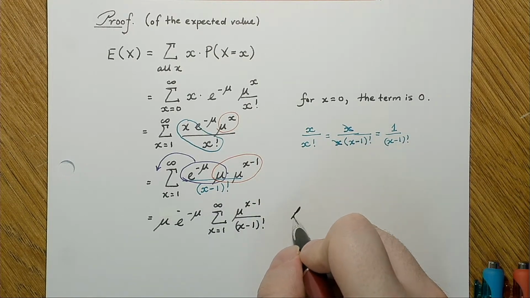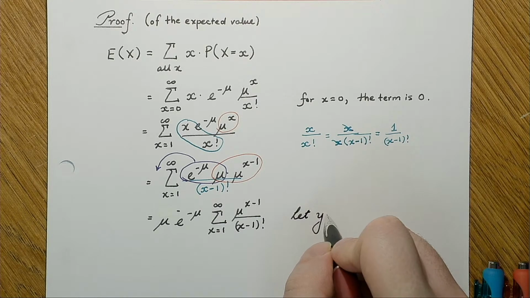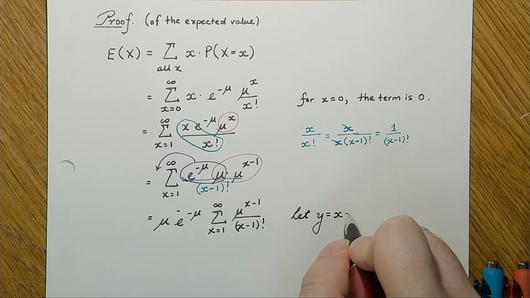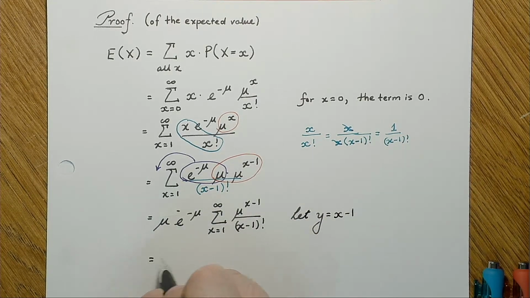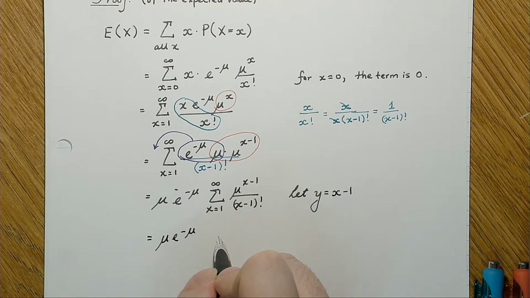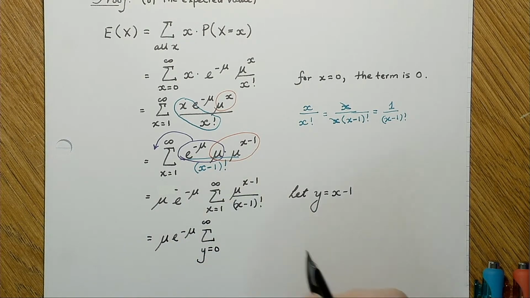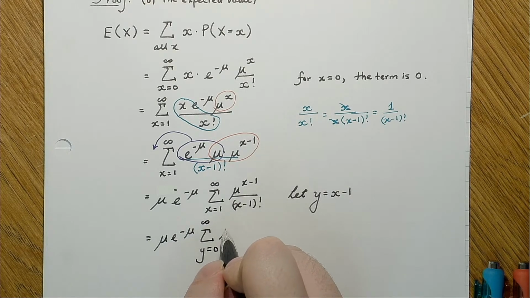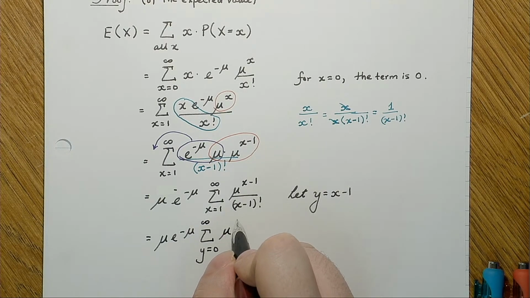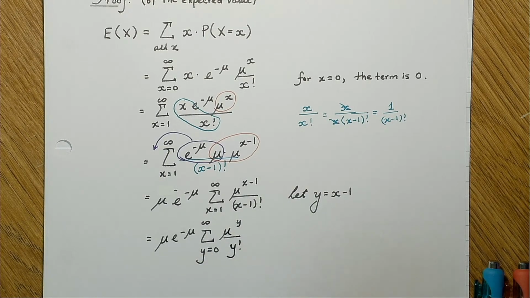So let's let y equal x minus 1. And so what I'll have is y equals 0 to infinity of mu to the y over y factorial.